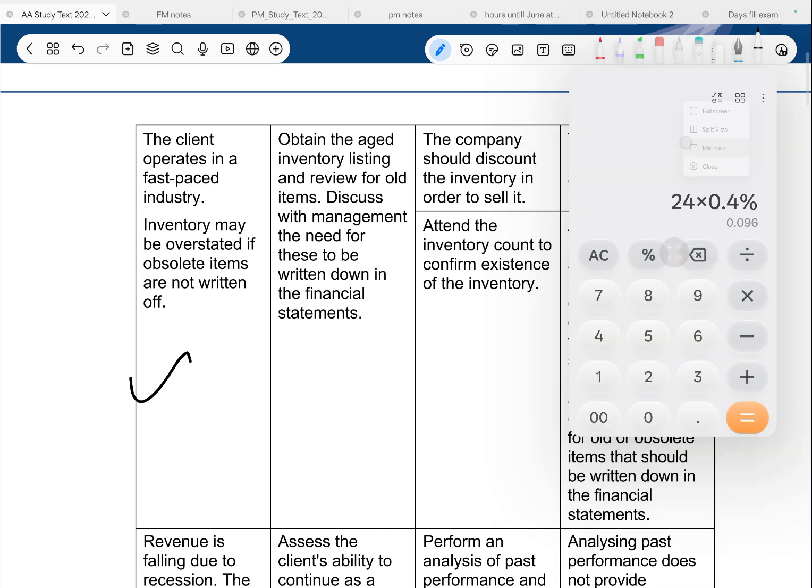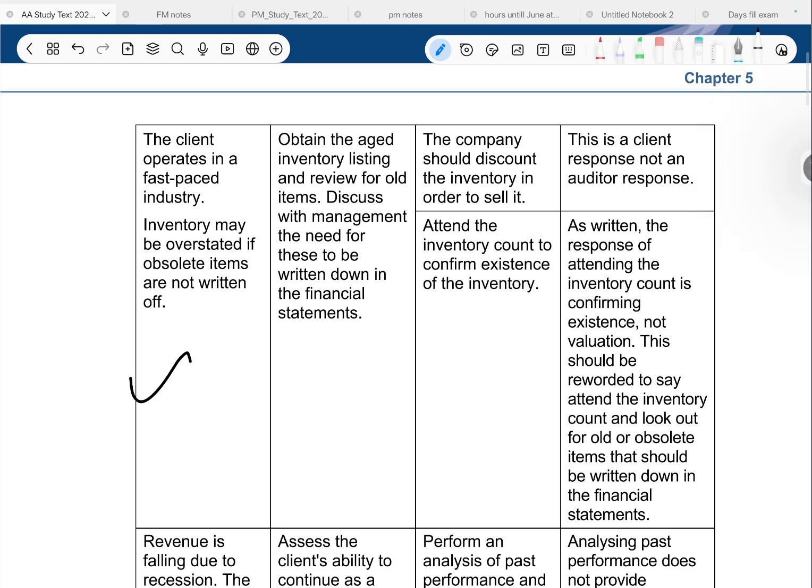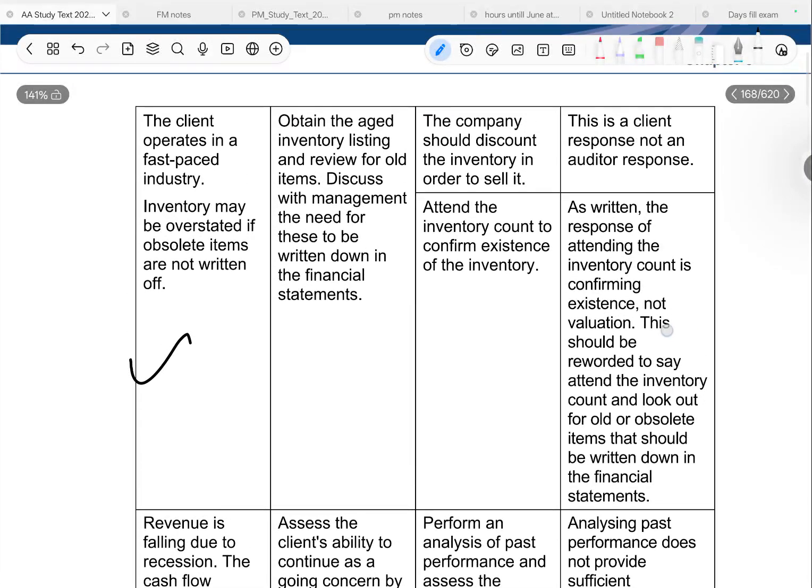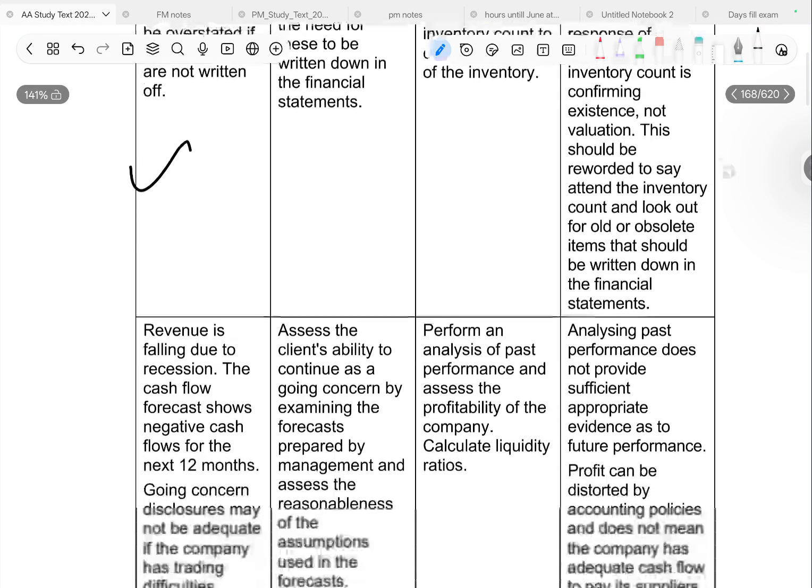Suggesting that the company should discount inventory to sell it is not a correct option, as this is a management action, not an auditor response. Similarly, simply attending the inventory count only confirms existence, not valuation. To make it relevant, the auditor should attend the inventory count and specifically look for older or obsolete items that may need to be written down.